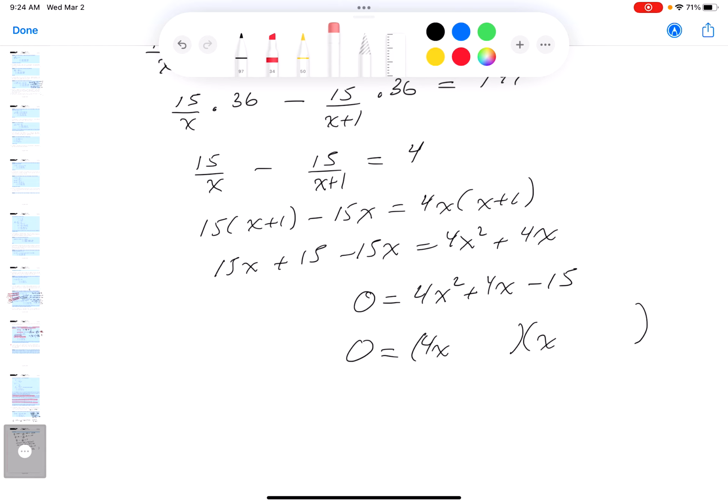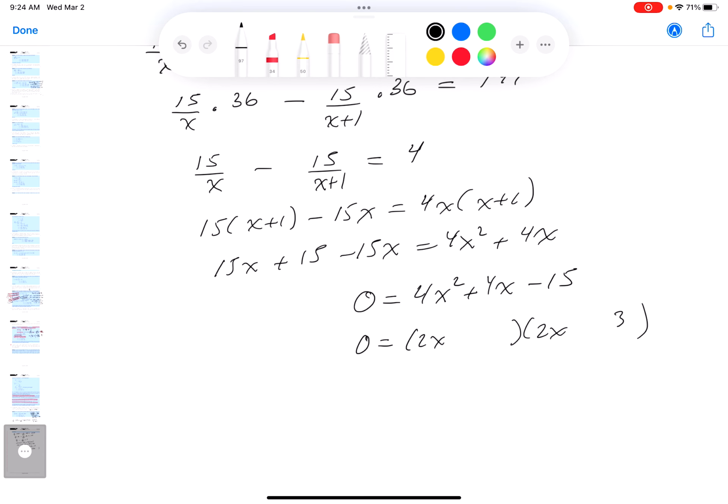Let me try again. Let's try again. 2x. Sometimes I struggle with this. It's a small number. I don't struggle with it too much.